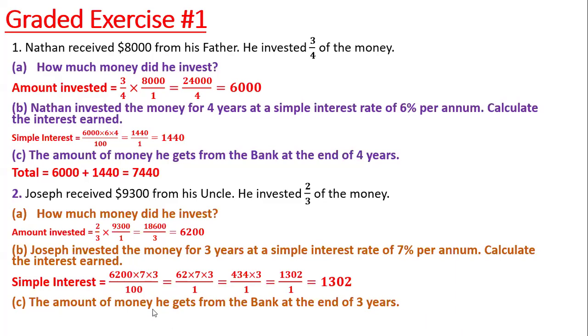Oh, it turned into 62 times 7 times 3 over 1. So Naya, did you do 6,200 times 7 times 3, or 62 times 7 times 3? 6,200. Okay, so when you did 6,200 times 3 times 7, what's that big number you got at the top before you canceled the zeros?